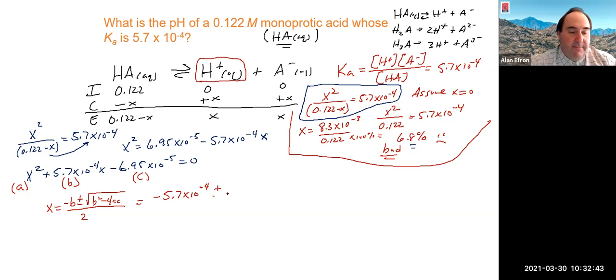Plus or minus, and then putting our numbers in the square root. We're going to take our B squared plus 4 times A, which is 1, times C, which is minus 6.95 times 10 to the minus 5. So I think inside the square root, if I'm not mistaken, you end up with something like 2.78 times 10 to the minus 4.